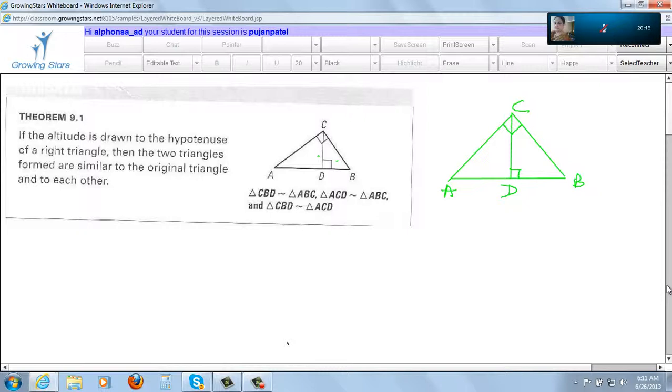Now we have got 3 right triangles here. We can very easily prove all 3 triangles to be similar, equiangular. If they are equiangular, by AA similarity we can show that all 3 are similar.